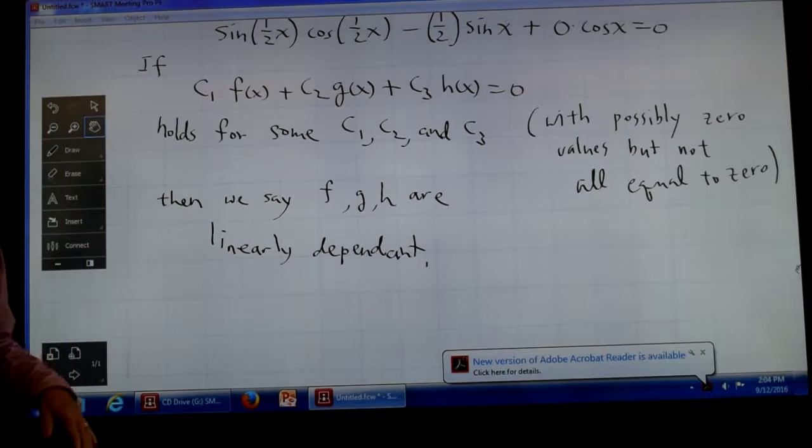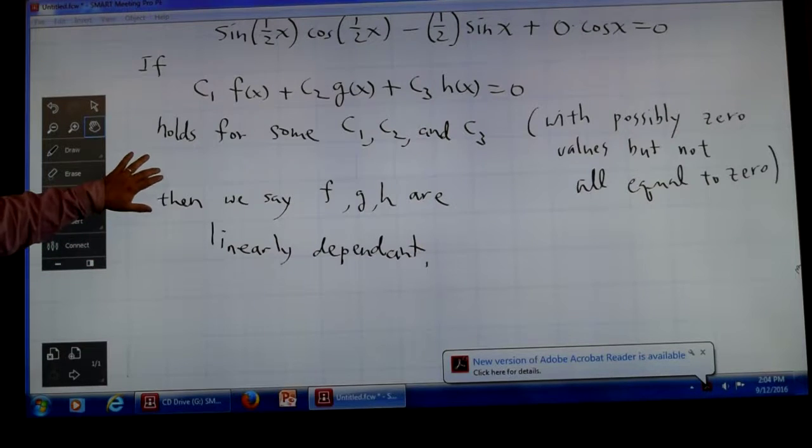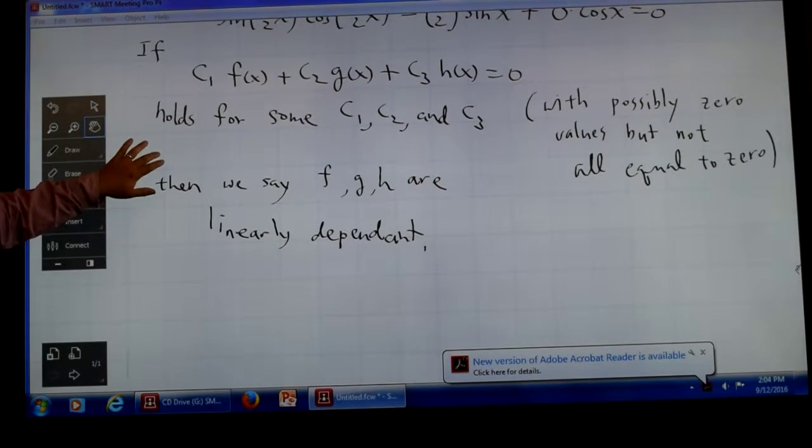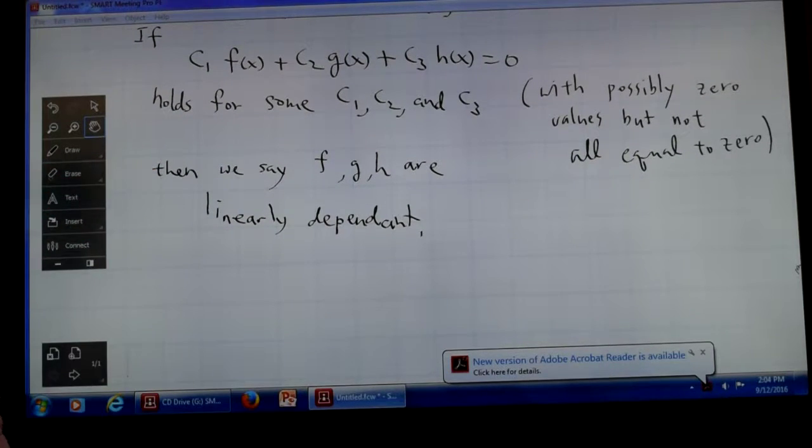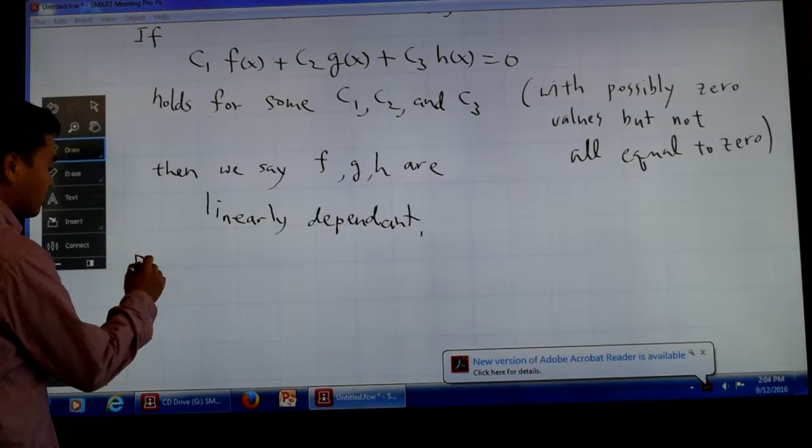Okay? If we take the opposite of this statement, then we can define what's linearly independent. Okay? So still another definition.